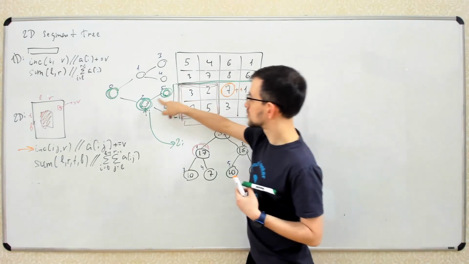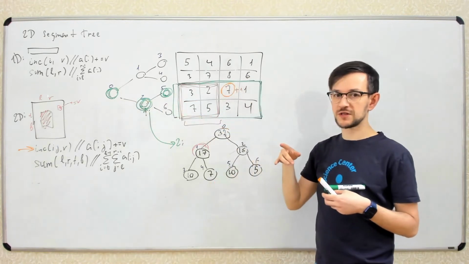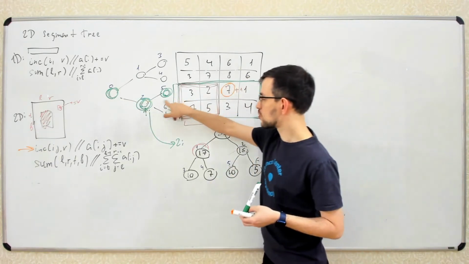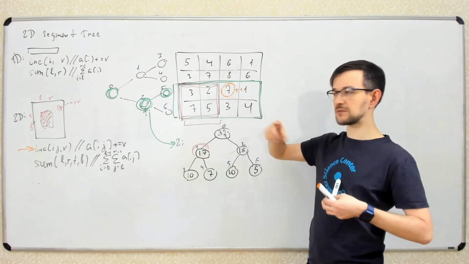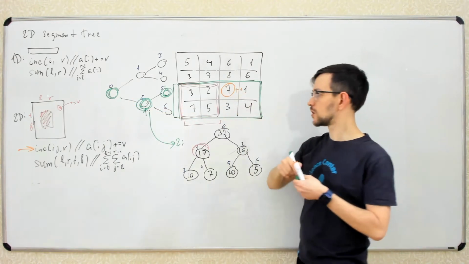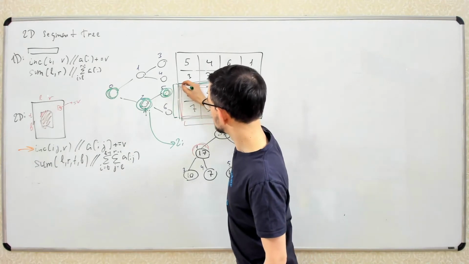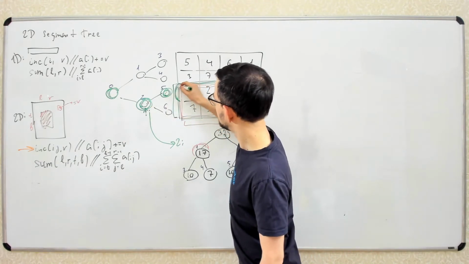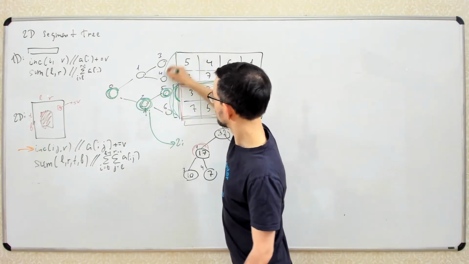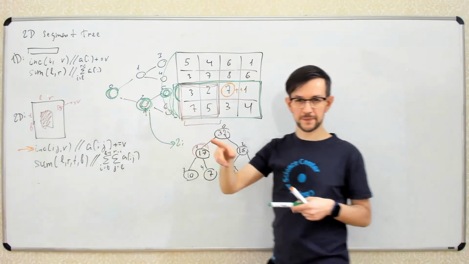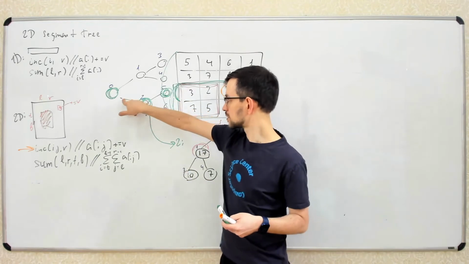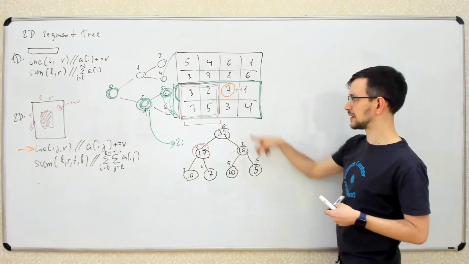So we take all these nodes on this path, and each of these nodes contains some strip which contains our element. So this node contains this strip, this node contains this strip, and this node contains this strip. So we need these three nodes to be updated. In each of these three nodes, we need to update rectangles containing these elements.